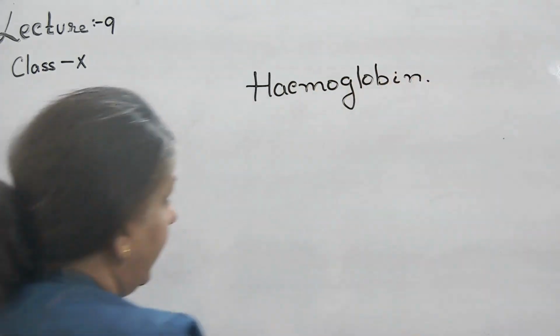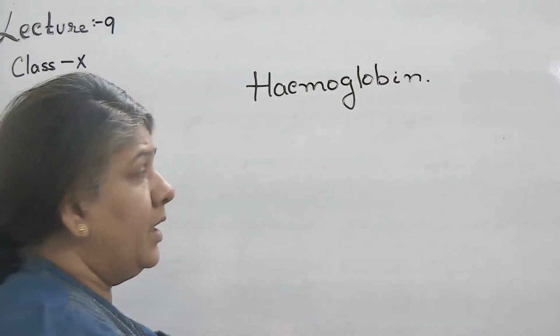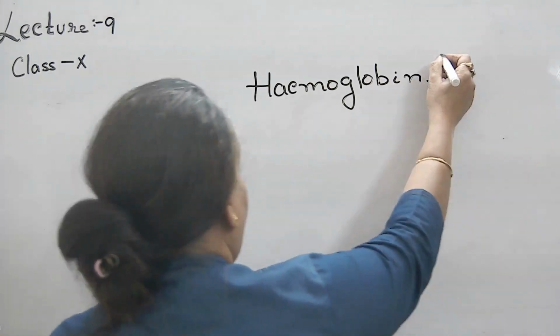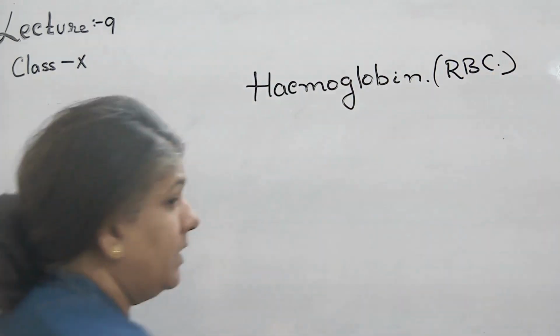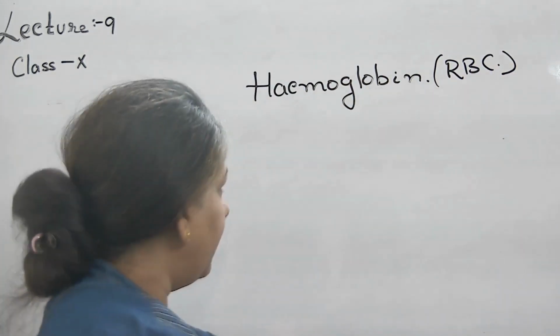This is the respiratory pigment that is present in the RBC of our body, the red blood cells present in the bloodstream.